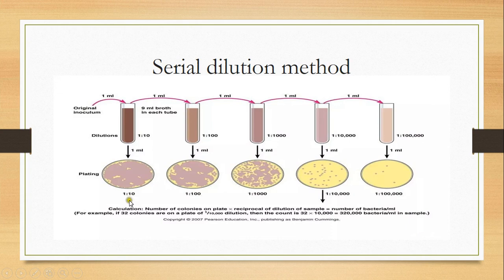These three are not practically countable compared to these two. So it's up to you. In this experiment, we will utilize this 1 to 1 lakh dilution for the colony forming units of E. coli rather than this.